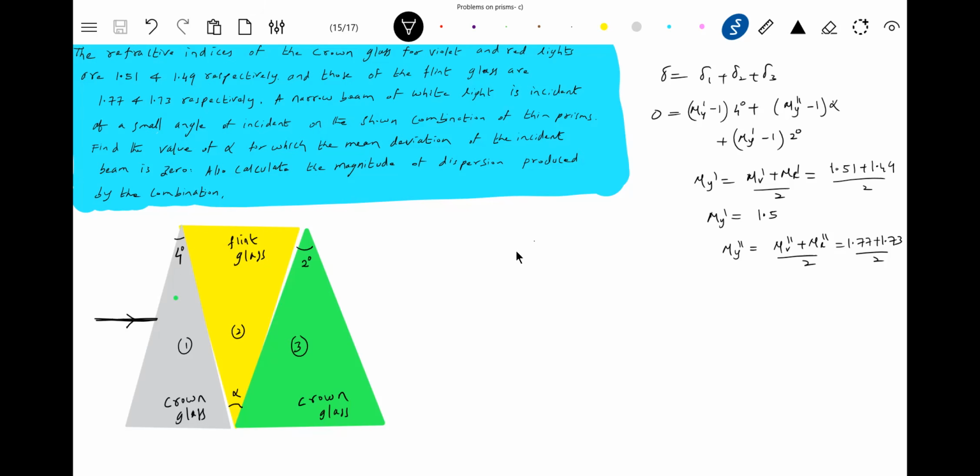Okay, this one. So like this, we'll get it here. 1.77, 1.5.